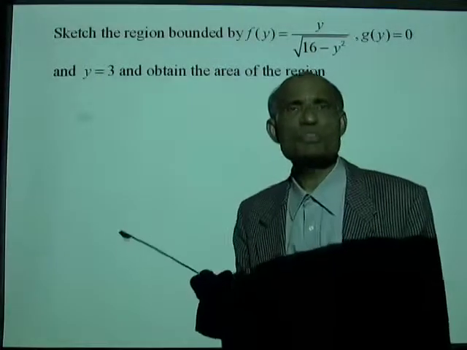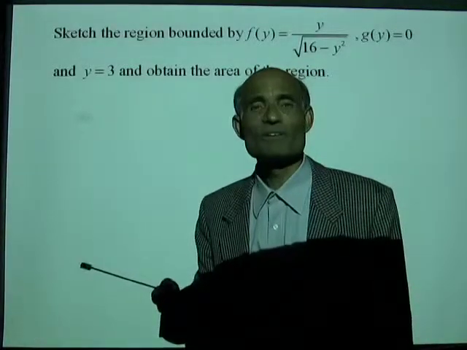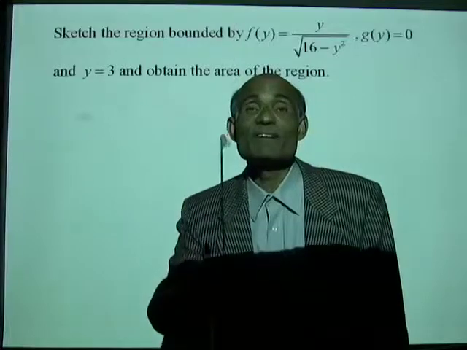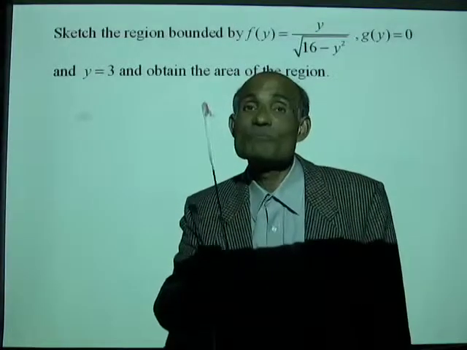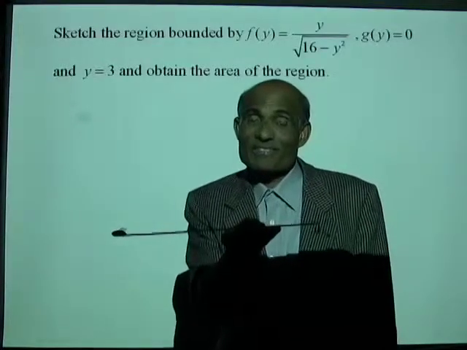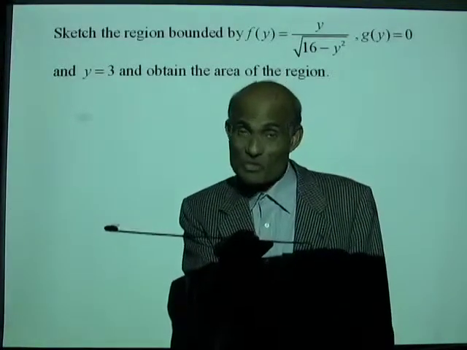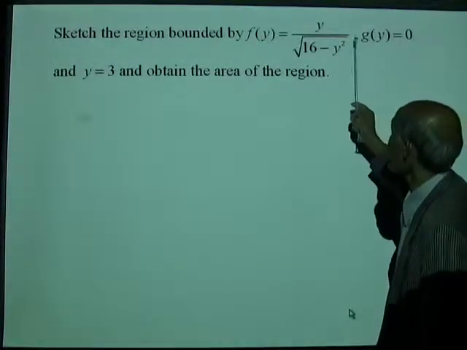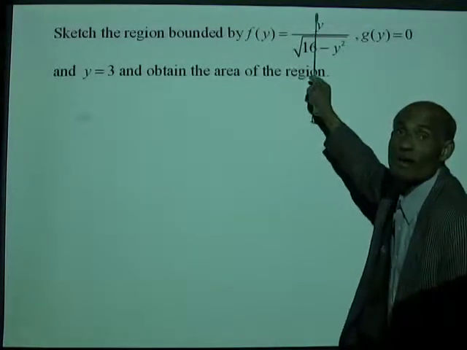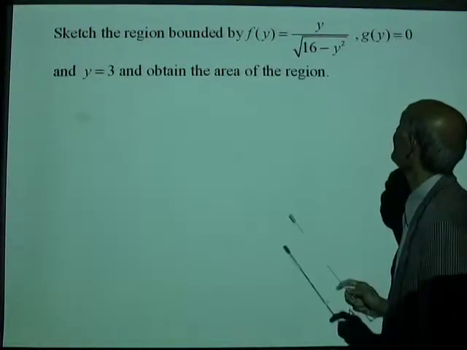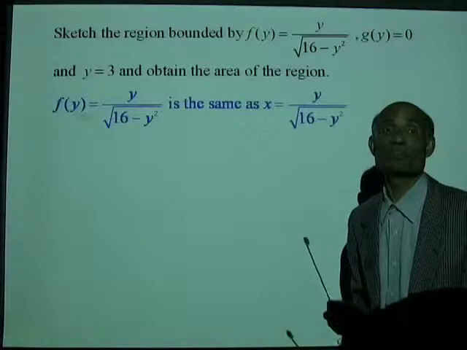What is that? What is g of y equal to 0? No, g of y equal to 0 is the x-axis. It's the x-axis, which is y equal to 0. So you need to find the area between f of y equal to y over square root 16 minus y squared and g of y equal to 0.